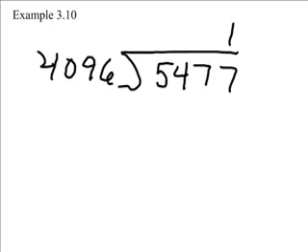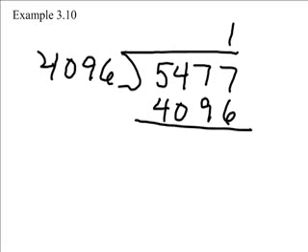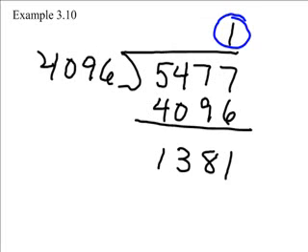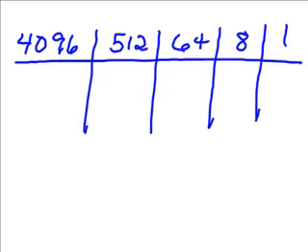If you multiply and subtract to get the remainder, we get a remainder of 1,381. So this tells us that we have one 4,096 contained in the given number 5,477. So we're going to put a 1 in the 4,096 place.